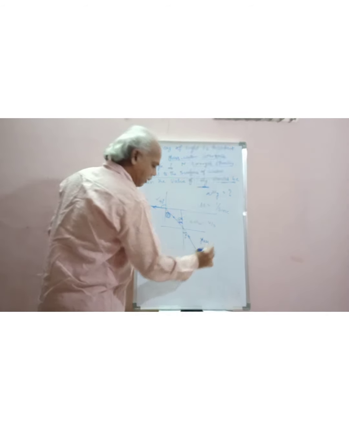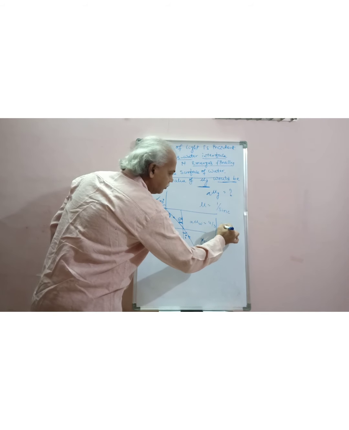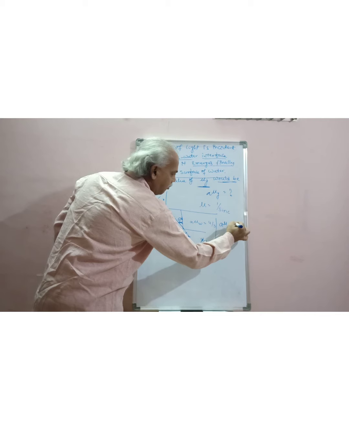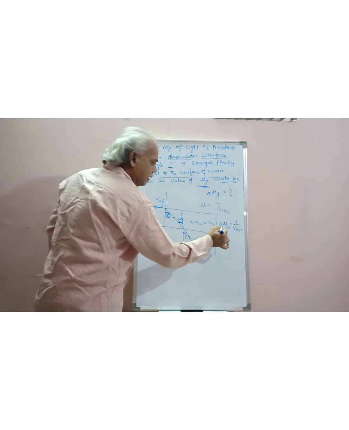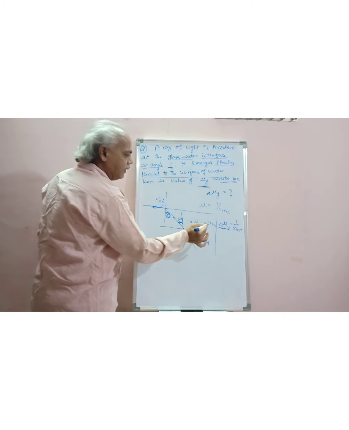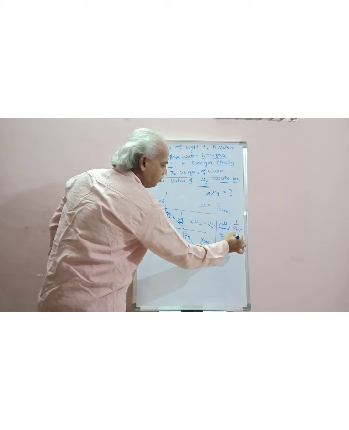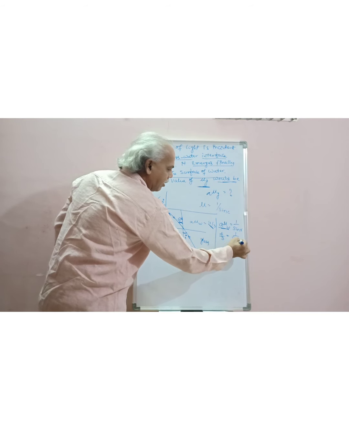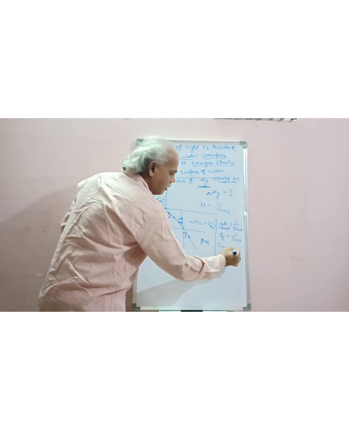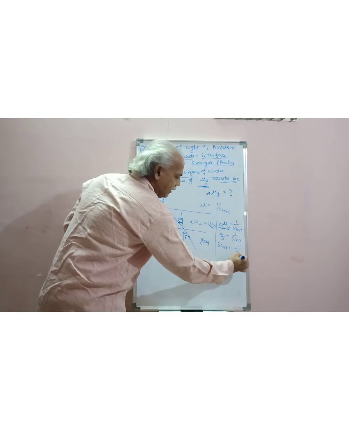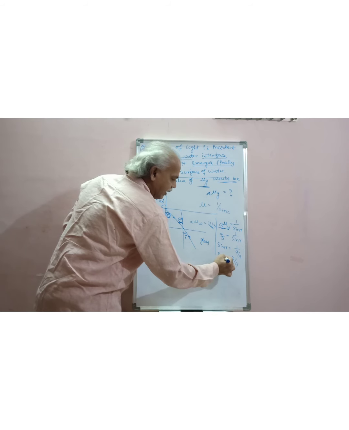So A mu w is equal to 1 by sin r. Here this A mu w value is given, that is 4 by 3. So 4 by 3 is equal to 1 by sin r. So sin r is equal to 1 by 4 by 3, that is equal to 3 by 4. This is the sin r value.